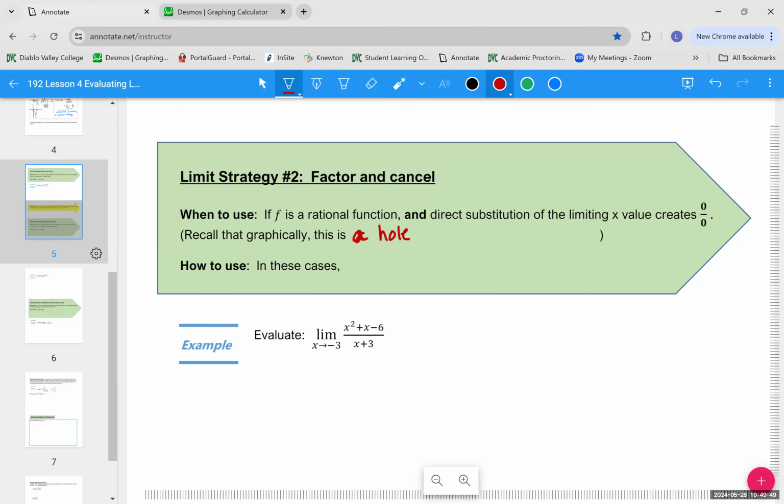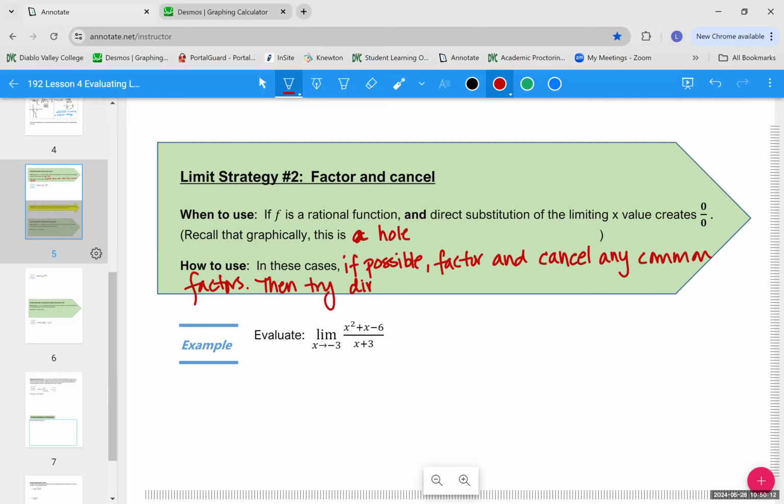And so in these cases, if possible, factor and cancel any common factors. Then try direct sub again. Okay, so factor, cancel, and then sub.